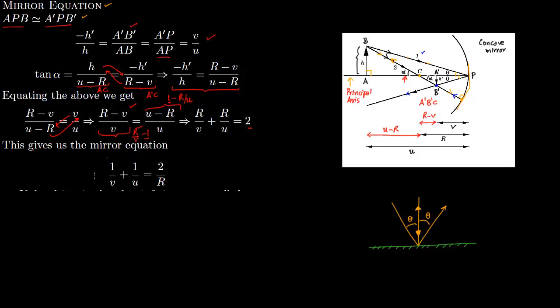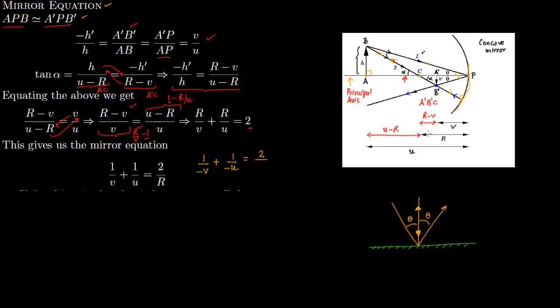Now ideally you would like to modify this equation because we are measuring the distance from point P. Since we are measuring the distance from point P, this V is measured from P to A prime, so V should be negative. So you should put minus V here. Similarly, U is measured from P to point A, so this should also be negative.